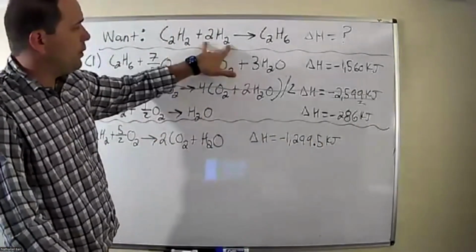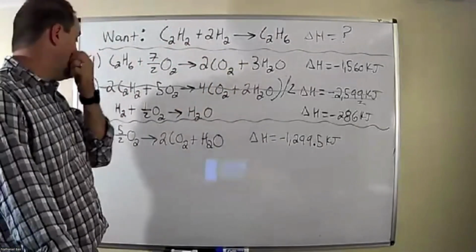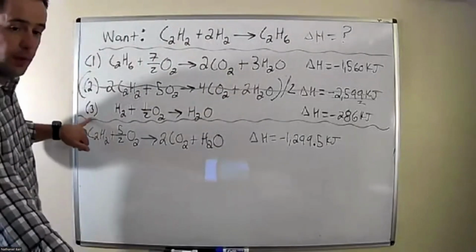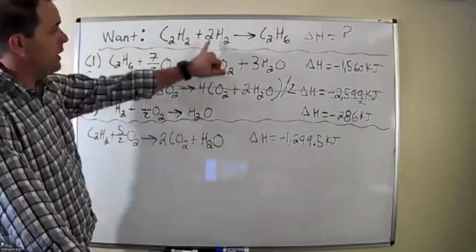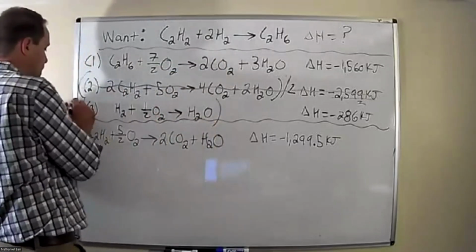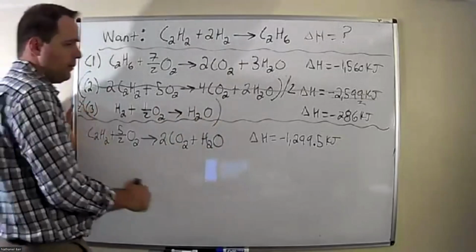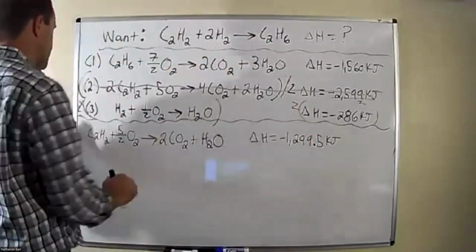Next up, we need H2. We need 2 of them on the reactant side. So we need to look through these reactions and see which one's got H2. Well, it's the third one. Third one's got it. Okay, it's got 1 H2 on the reactant side, but I need 2. So we need to multiply this entire reaction by 2, which means we need to multiply that enthalpy by 2. So we're going to distribute a 2 into here.